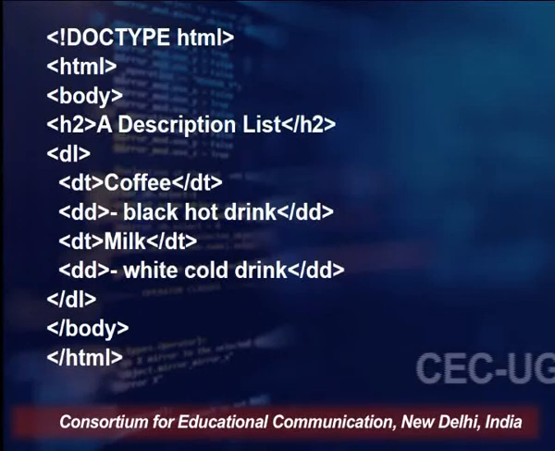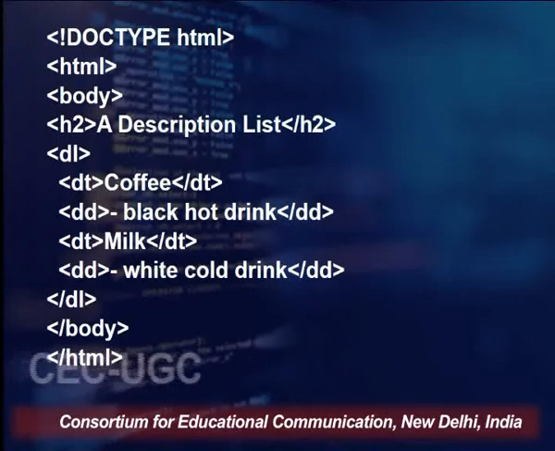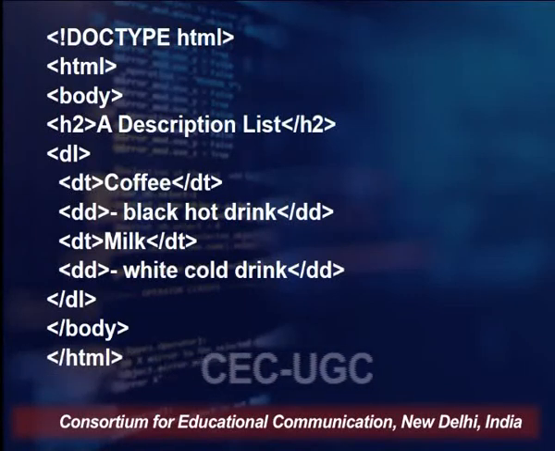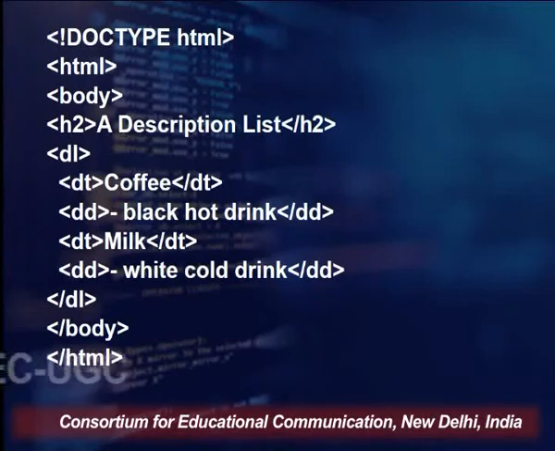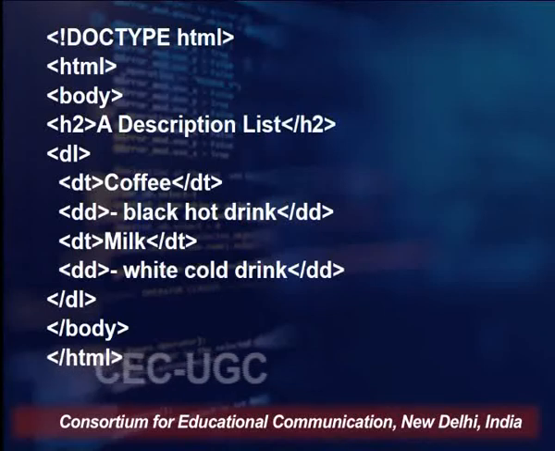So the first item is coffee, so DT coffee, then the DT tag is closed, then we have the description data, which will be the data under the item coffee, whatever data you want to write, however long it could be.